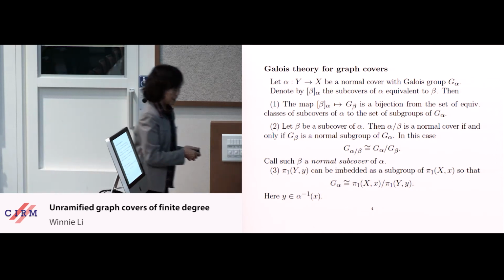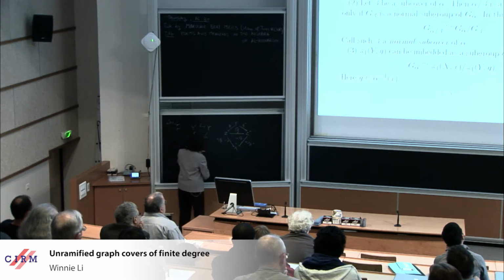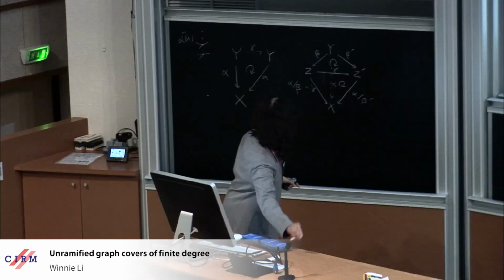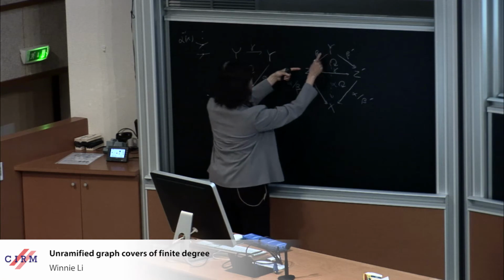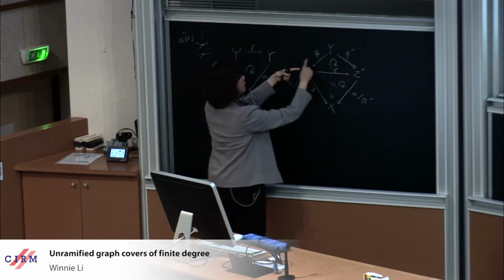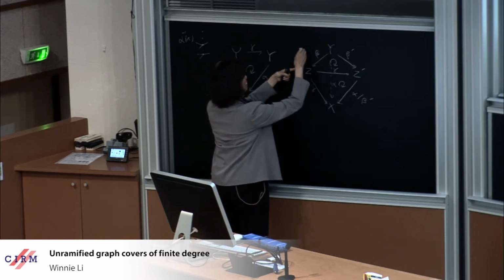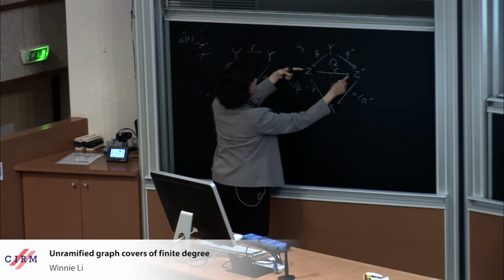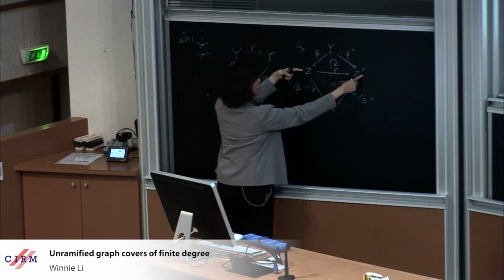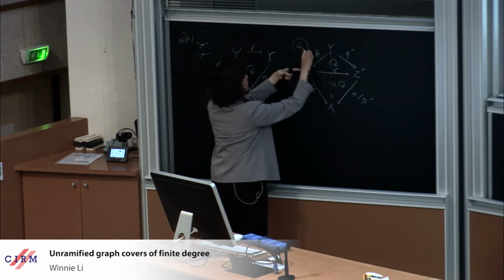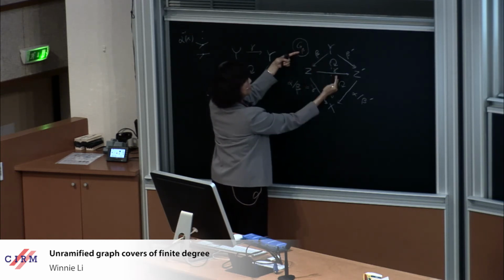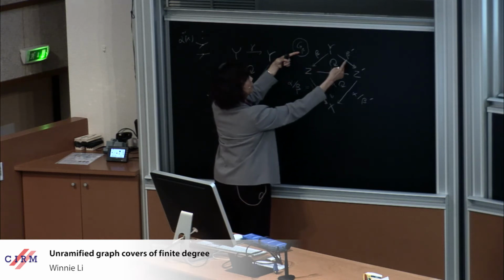If Y over X is Galois, then Y over Z is certainly also Galois, so it has a Galois group G beta. If I take equivalence classes of the subcovers, then the corresponding group G beta, viewed as a subgroup of G alpha, will be the same.